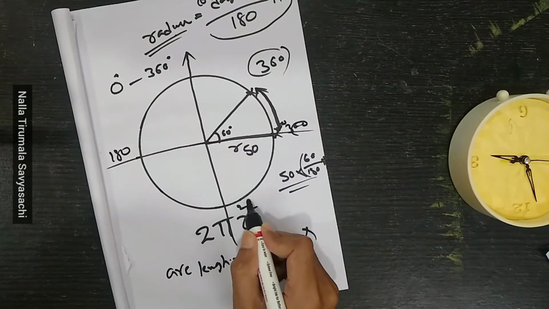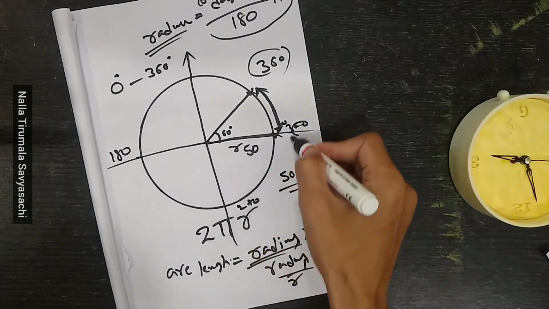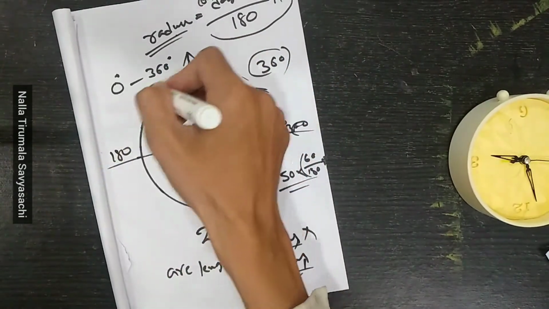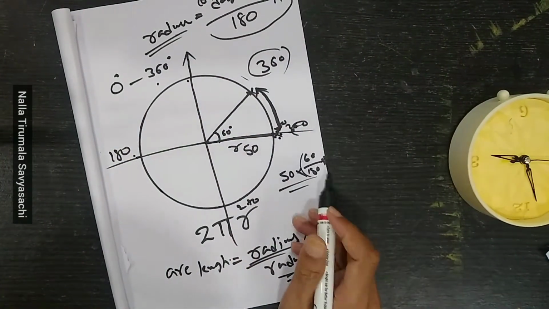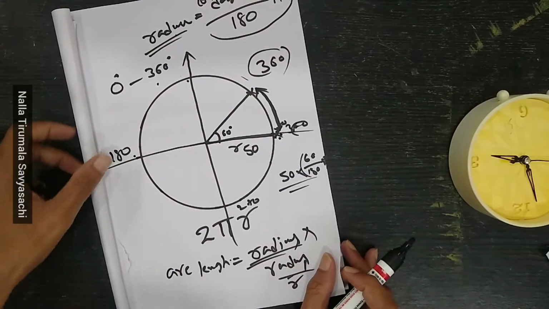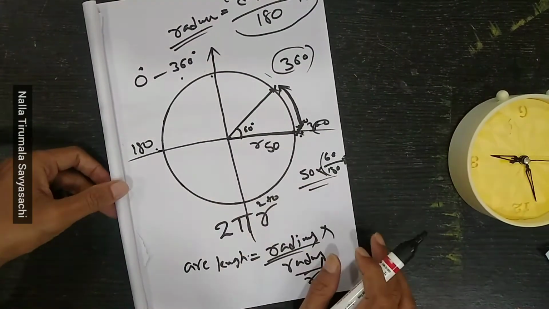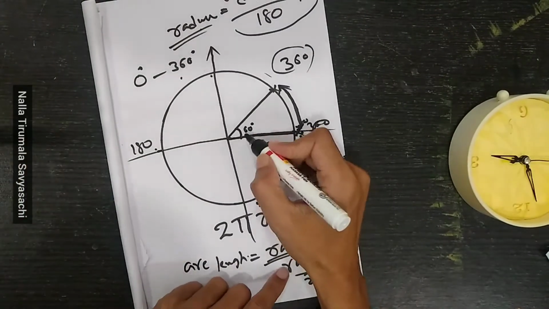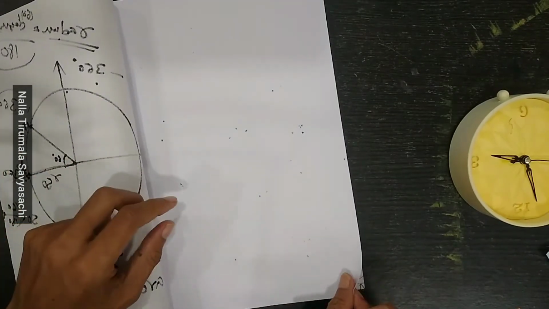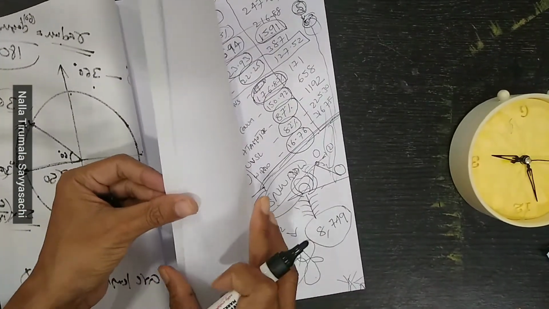Starting from 0 to 90, 180, 270 and 360, these are the main things to consider while drawing a circle. Now let's see how we can draw a circle by using some equations.